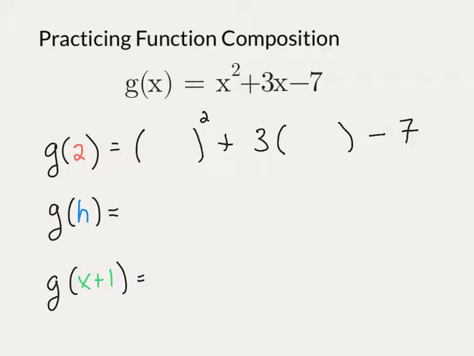Something I often do when I'm thinking about function composition is set up a roadmap for myself. Anytime I had an x up above in my function, I thought about putting parentheses around it. So I did something like this: here's an x, let's put parentheses around it, and here's an x, let's put parentheses around it.